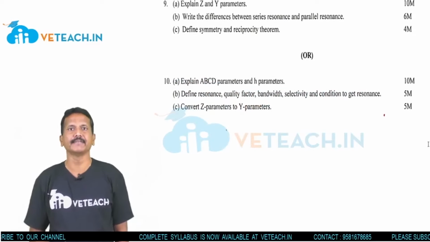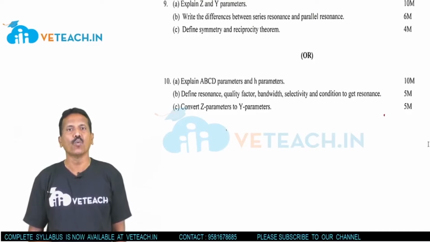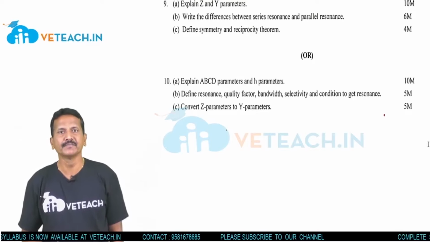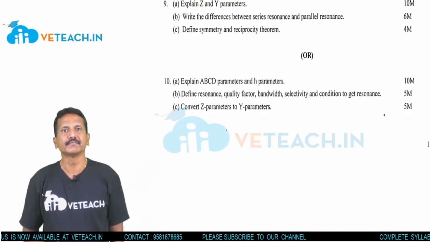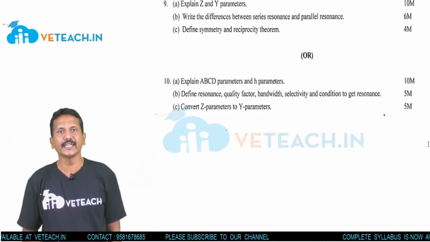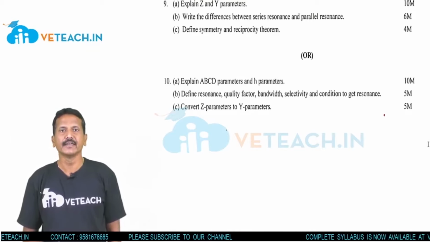So for RLC in series and parallel, one magnifies the current, the other magnifies the voltage; minimum impedance, maximum impedance; unity power factor is always constant in series as well as parallel, and resonant frequency is different.